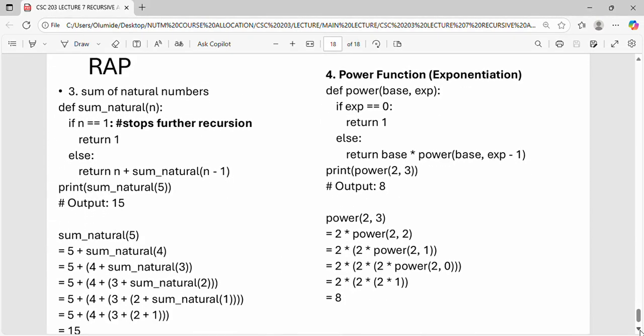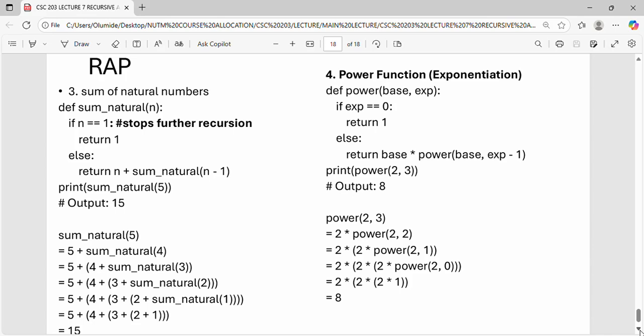Now let's go to the sum of natural numbers. How do we get this done in Python? We are already defining sum underscore natural, and that is the function Python sees, then our colon. The next step is, if n equals 1, you can see the double equals, colon, stop further recursion, return 1. That is if this happens.